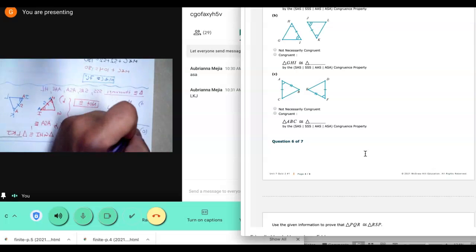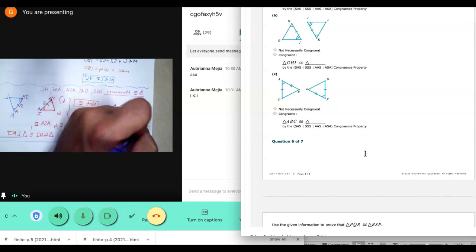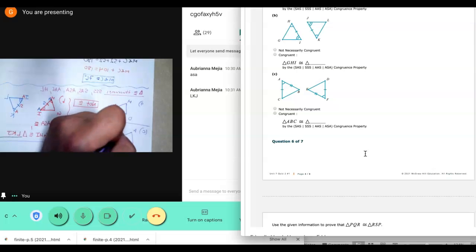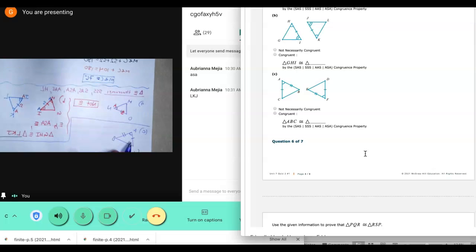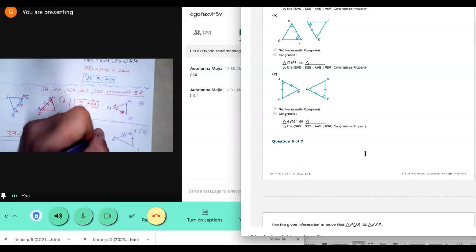So C is, here's a triangle ABC, and AC has 1 mark, AB has 2 marks, and angle A has 1 arc mark, right? So tick marks are what we use for the sides, and arc marks are what we use for the angles, and we also have triangle DEF.